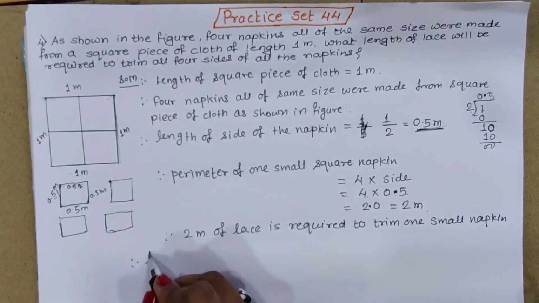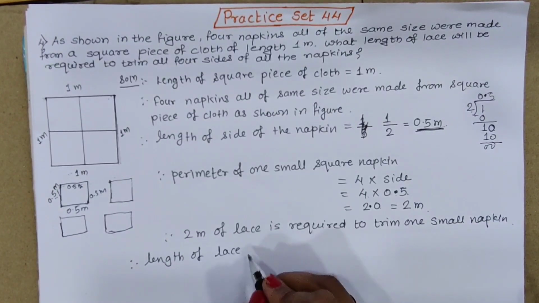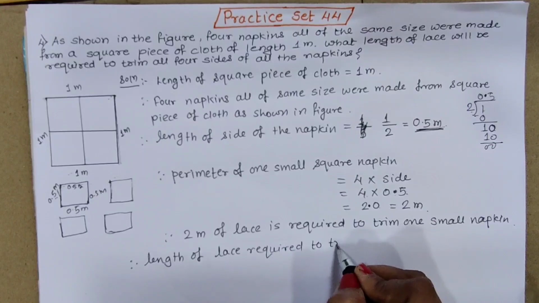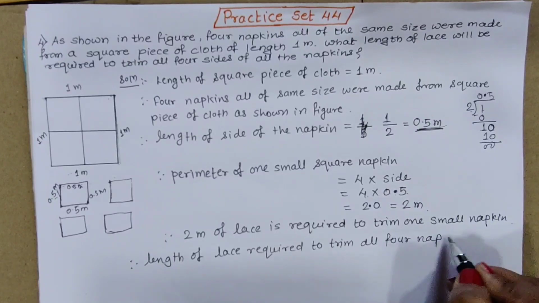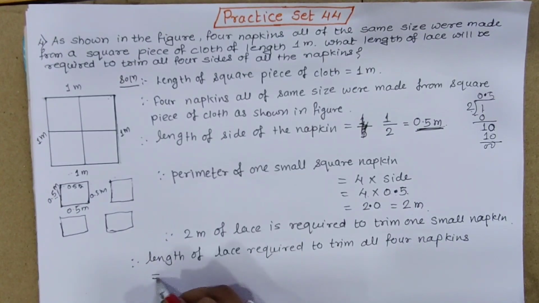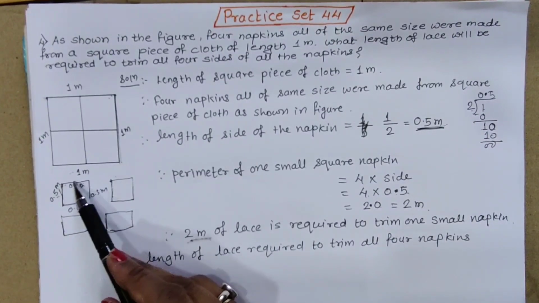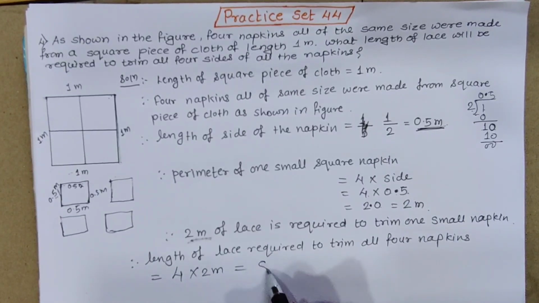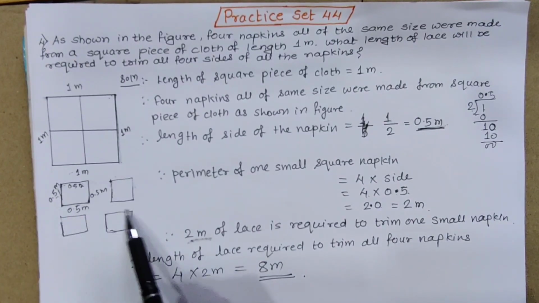The length of lace required to trim one napkin is 2 meter. 2 meter of lace is required to trim the 4 sides of one napkin. So for 4 napkins we will require 4 multiplied by 2 meter, which is equal to 8 meter. In this way, we require 8 meter of lace to trim all 4 napkins.